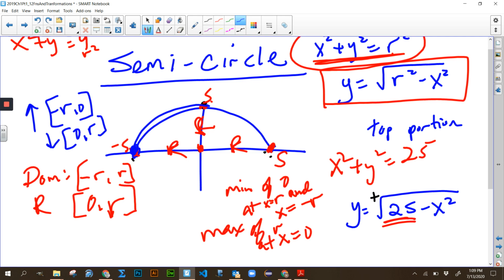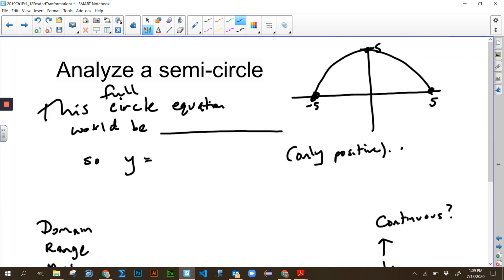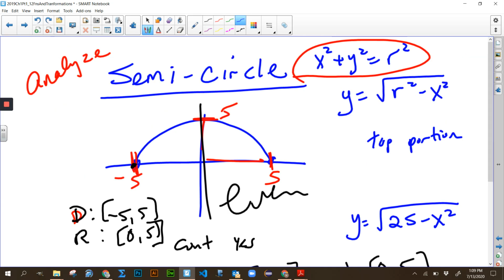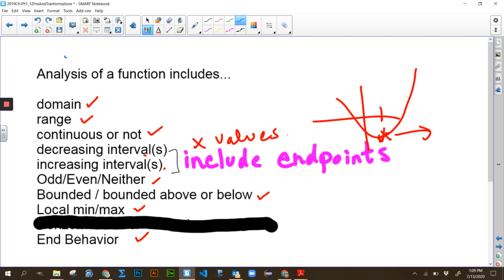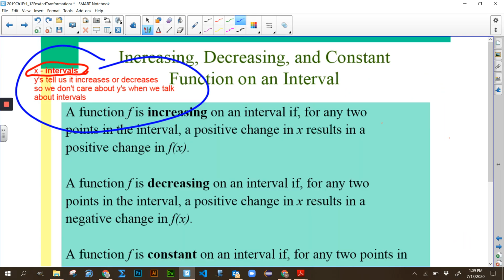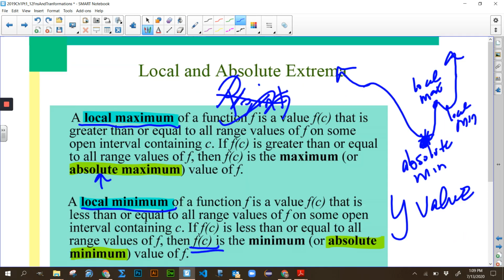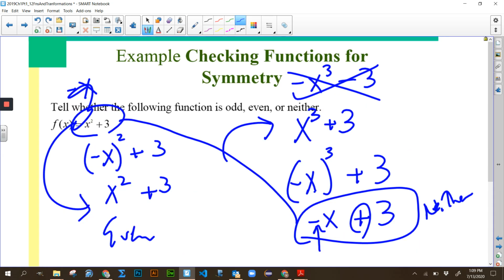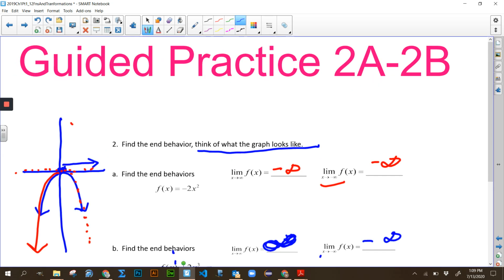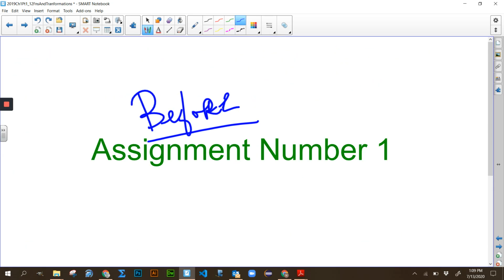Okay, so hopefully you have that whole sheet filled in. And all right, so then we did all of these. So let's see, we're going to go to the very end here, and you are going to do your assignment number 1.